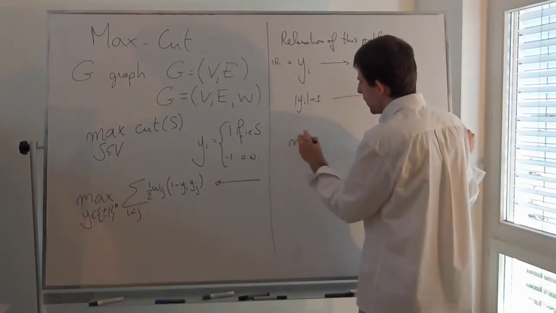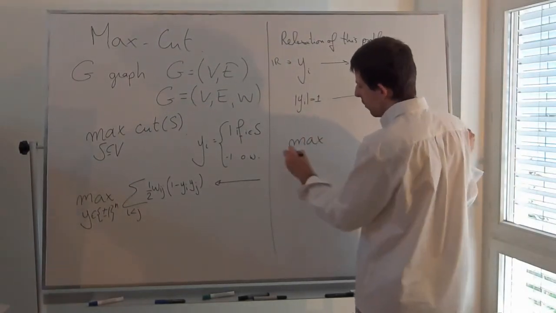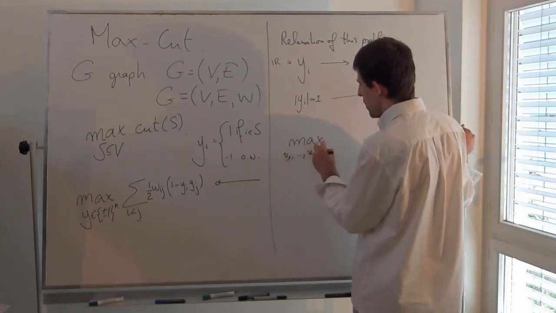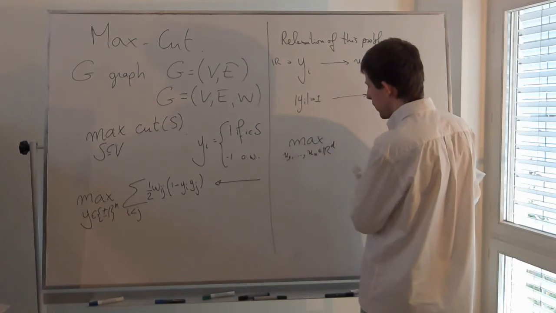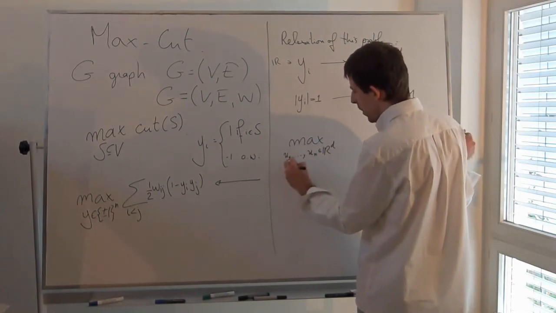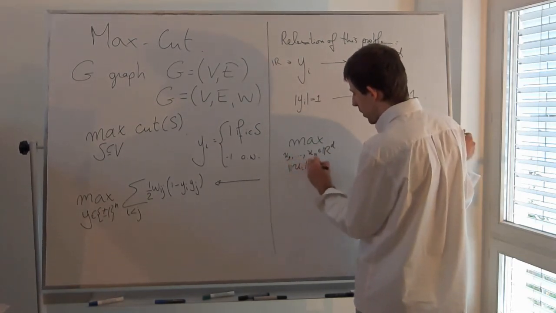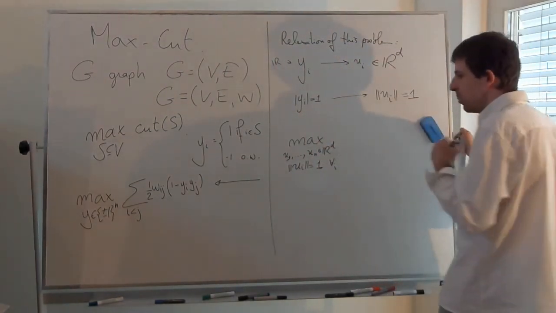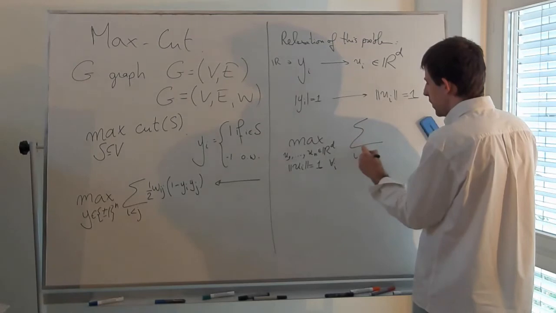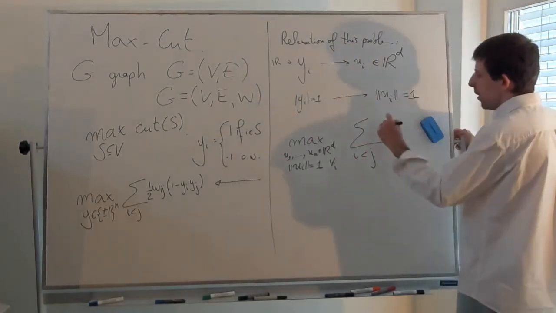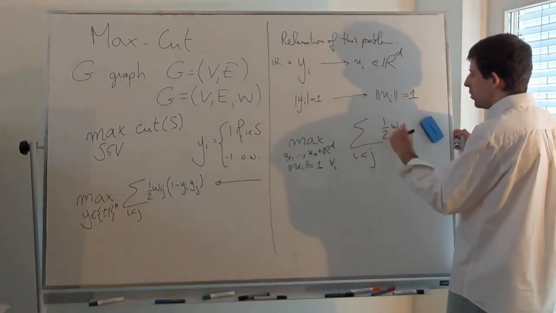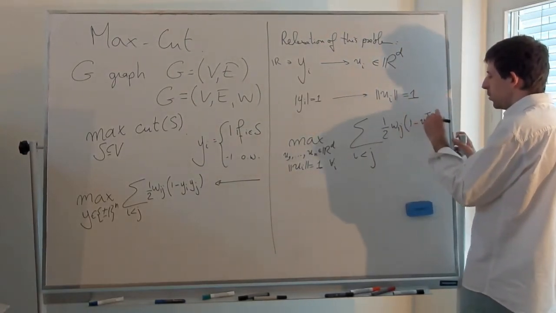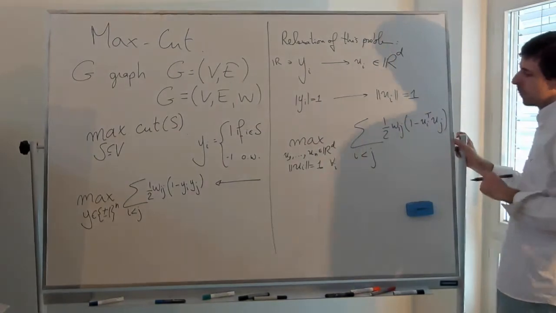What do we have? We're going to have the max of now u_1 all the way to u_n in R^d, where the norm of each one of them is 1 for all i. It seems like a strange thing, but bear with me. Sum over i smaller than j of 1/2 w_ij (1 minus u_i transpose u_j).